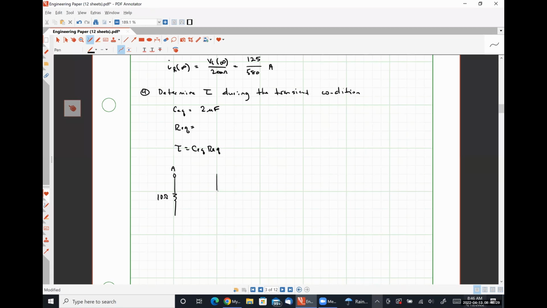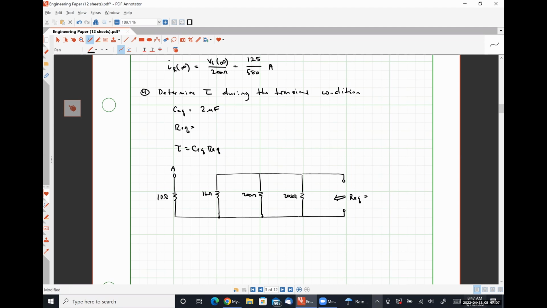I'm going to have a 16 ohm resistor in parallel with a 200 ohm resistor in parallel with a second 200 ohm resistor. And then the capacitor terminals, which are over here on the right, are the set of terminals I'm looking through to find REQ.